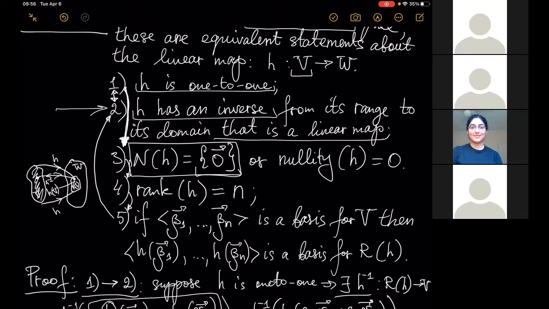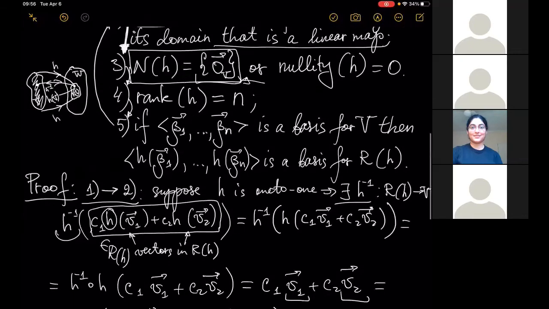Only the zero vector from V will map to the zero vector of W. We know for sure that any homomorphism sends the zero vector to the zero vector, and if it's 1 to 1, it means no other vector will be mapped to the zero vector. So immediately we get that the null space is only the trivial subspace, 0V, or the same statement, that the nullity of the homomorphism is 0.